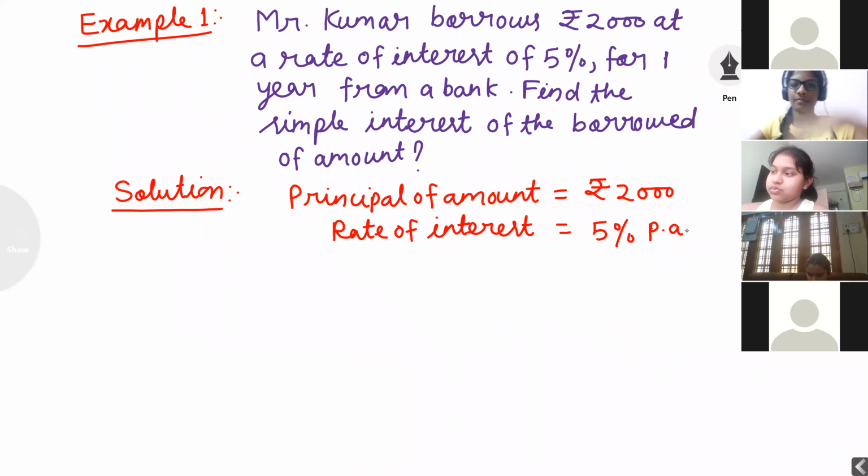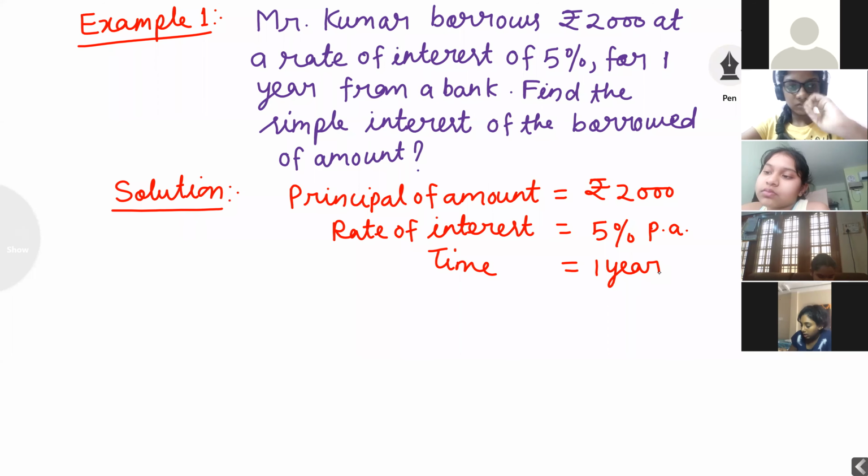Always keep in mind, students, if they have mentioned percentage, that is called rate. If they have not given the percentage symbol, what will we assume? Percentage symbol, because that is rate. Rate of interest always needs the percentage symbol. Got it? Next, time T is equal to 1 year.